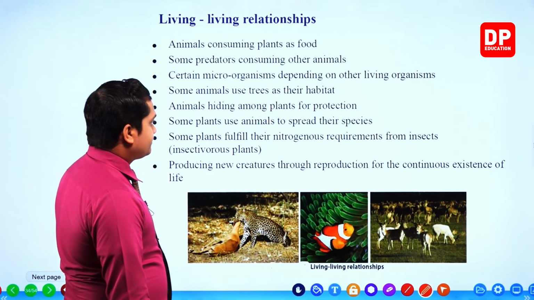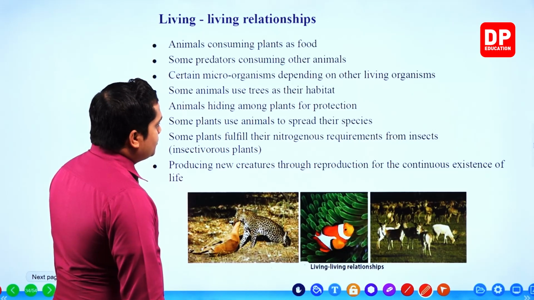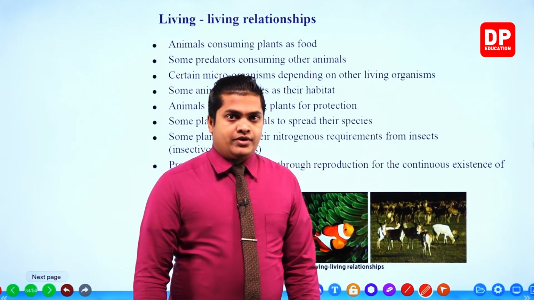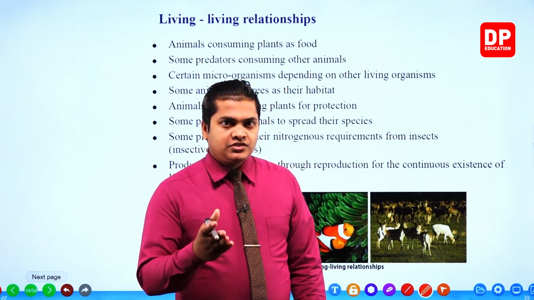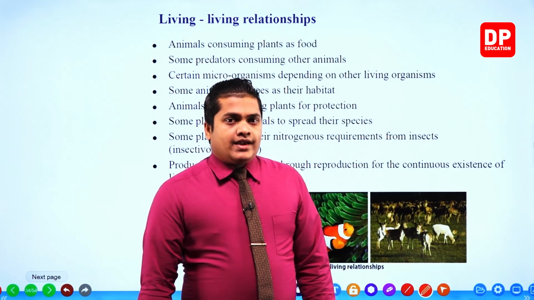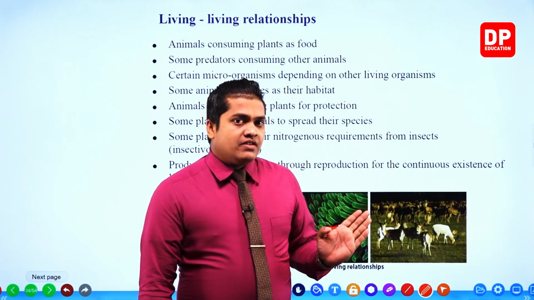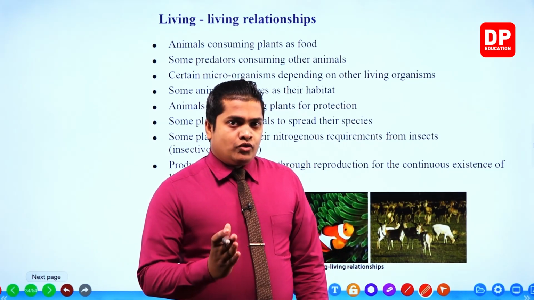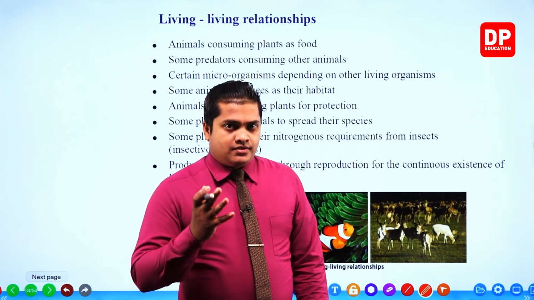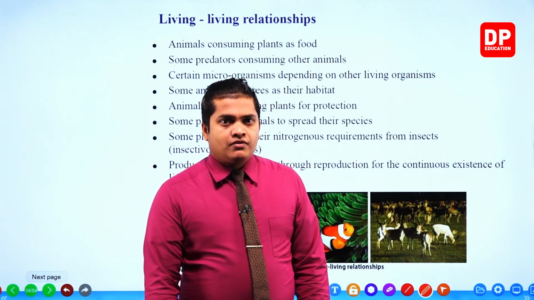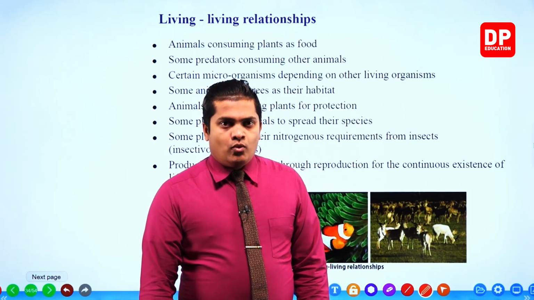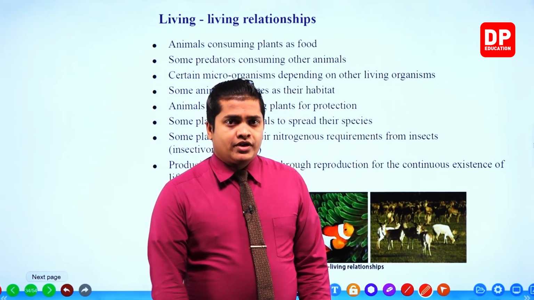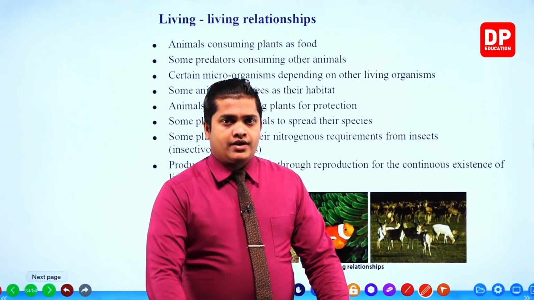Second one, some plants use animals to spread their species. Very good example, right? Like I took the example previously of the rambutan plant. You know that the rambutan plant produces a large number of fruits. However, a very large count of fruits will fall to the ground around the mother plant.